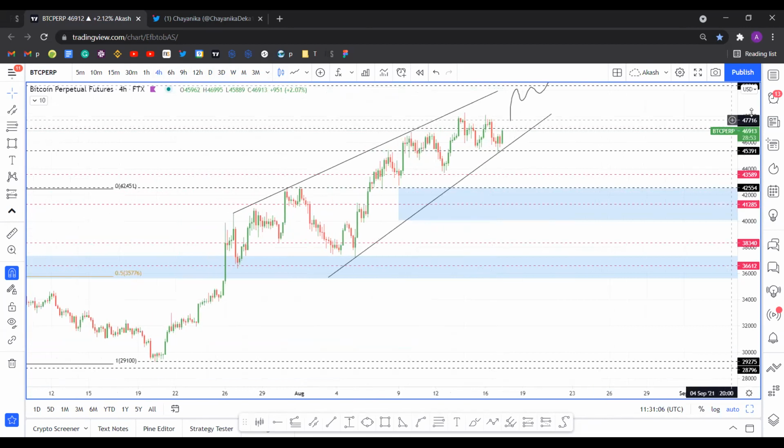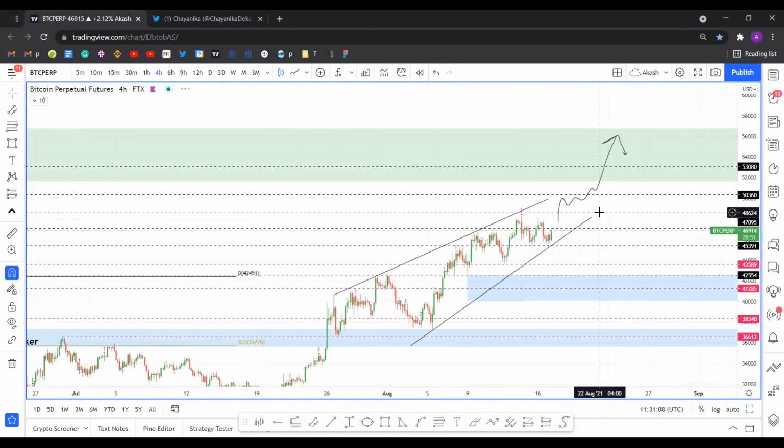Yeah, so for me right now, since it's holding above the 45k level here, there are 2 things that could happen, right? This rising wedge formation could break down lower, or it could go higher. But assuming that this is actually the start of the second leg up of the bull run, I am pretty sure Bitcoin is going to go higher.